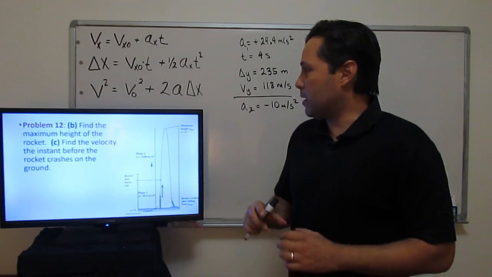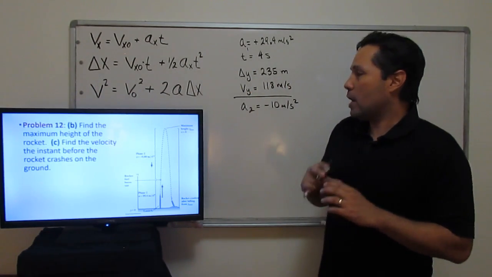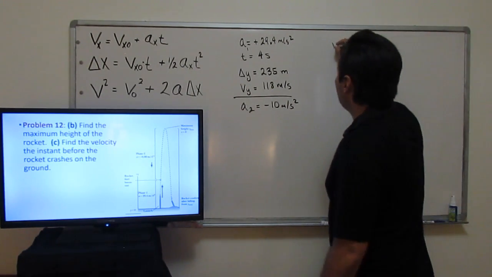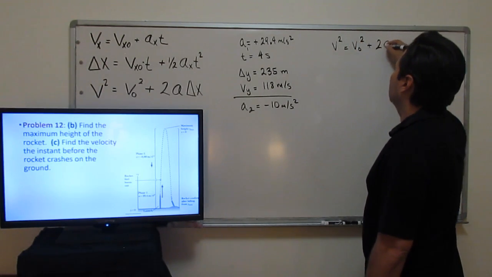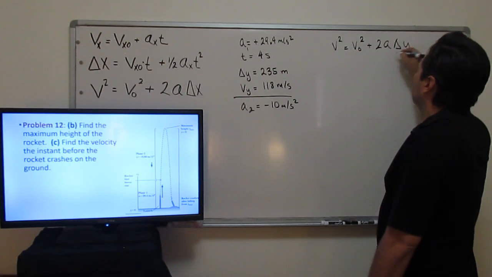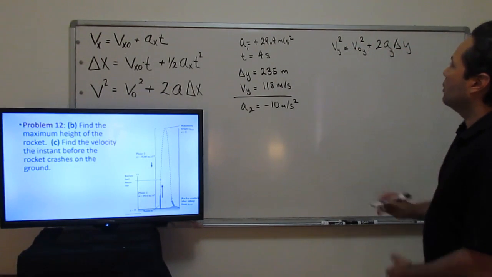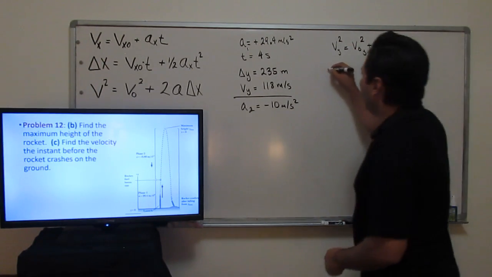The answer at the apex is 0. So the final velocity is 0 at the apex. So let's use the formula to solve for this. And all of this is on the y-axis. Alright, so let's move this over.